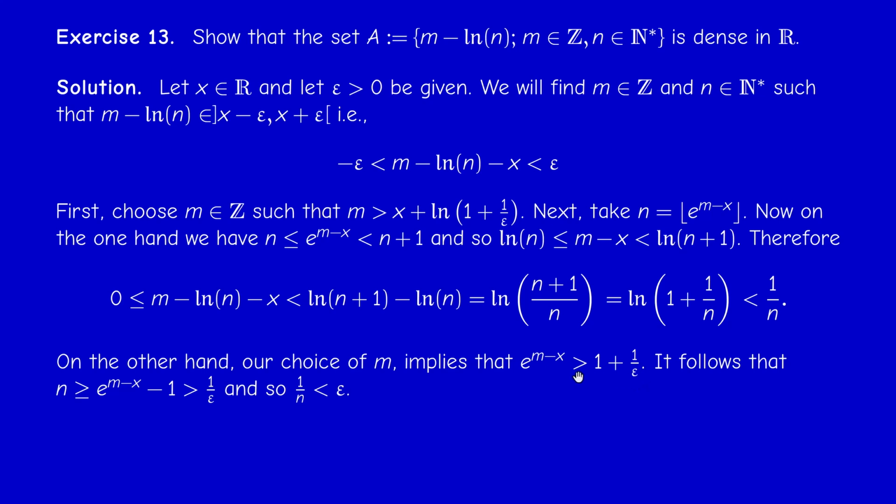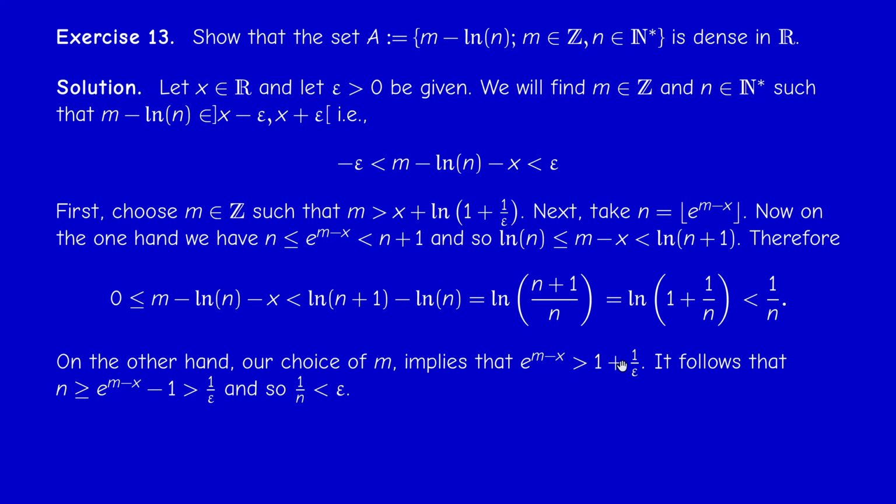Now we use this inequality: e to the m minus x is less than n plus 1. So when I subtract 1, I get n strictly bigger than e to the m minus x minus 1. It should be strictly bigger here, but it's not a big deal.